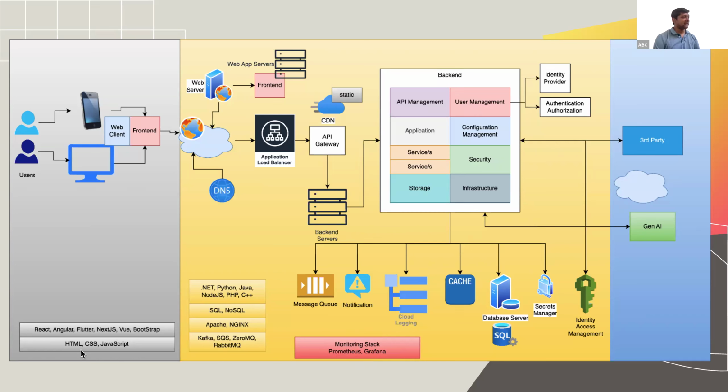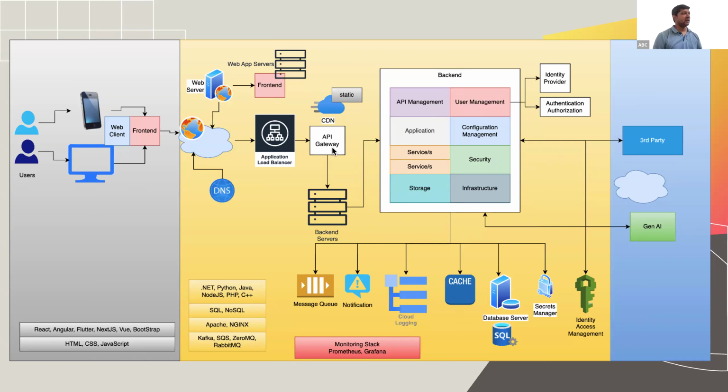And the stack, like we mentioned here, there's HTML, CSS, and JavaScript, and on top of that, we have React, Angular, and things like that. Same thing would happen in the backend case. The technology that we use to write these applications could be .NET, Python, Java, Node.js, PHP, C++. There could be SQL and NoSQL in terms of databases.